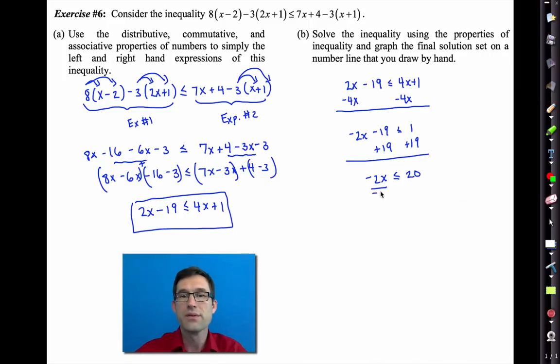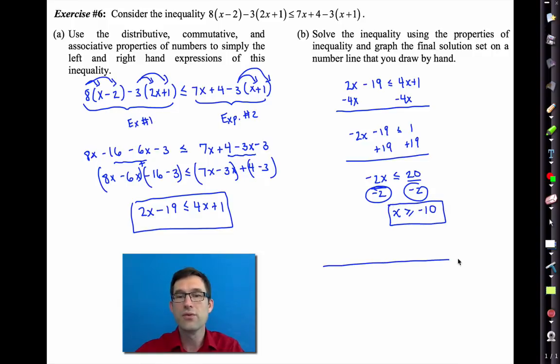And now we will use the multiplicative property of inequality, but we have to watch out here because we divide by a negative. We'll get x is greater than or equal to negative 10. There's our solution.